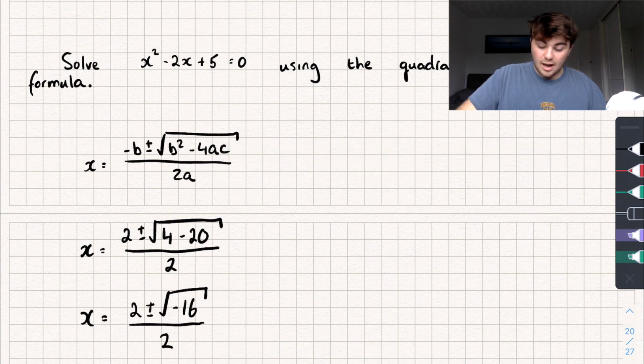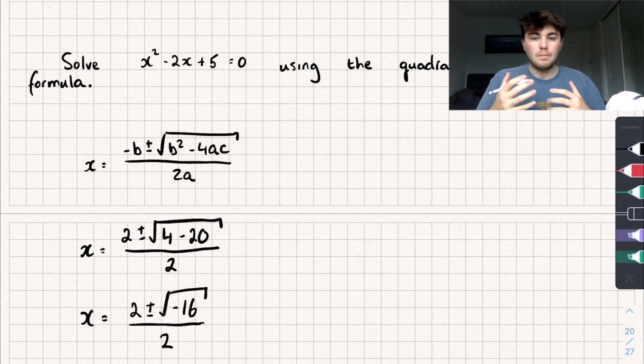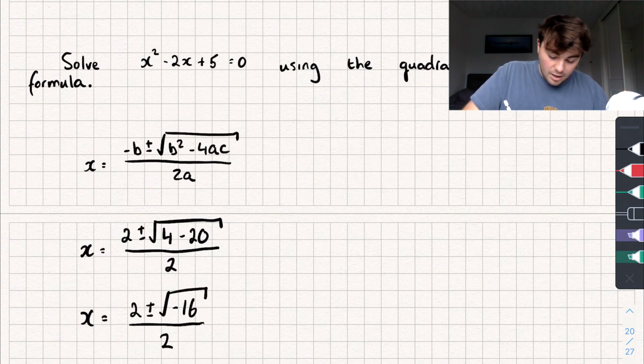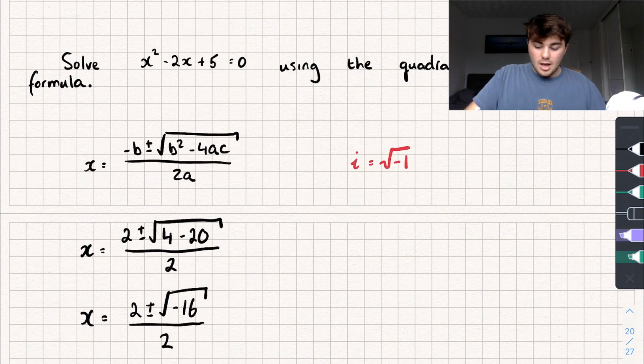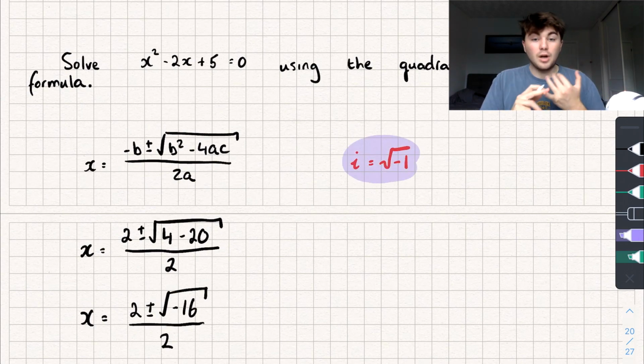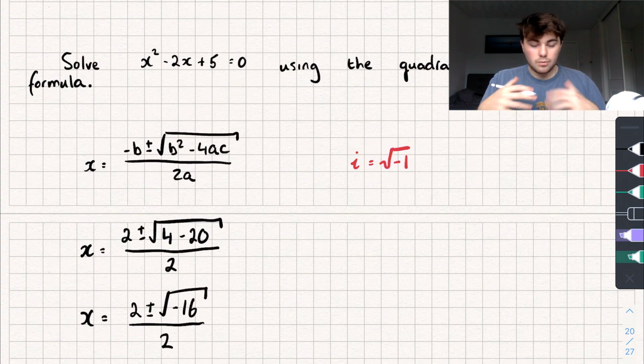To help us solve an equation like this still, we have to introduce what's called the imaginary unit. This is i, and it's defined to be equal to the square root of negative 1. This is key in complex numbers, and also just to solve stuff like this. This unit i, this imaginary unit, is still a number and it behaves the exact same way.